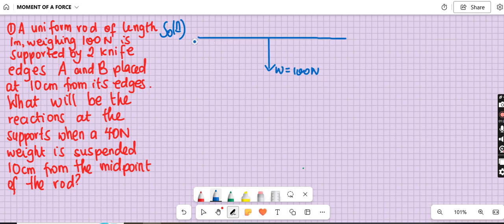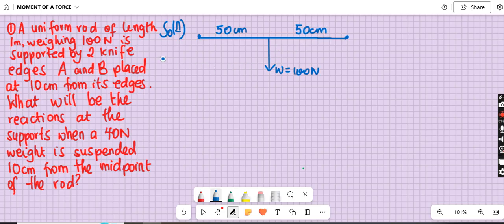Now, if the rod is 1 meter, then from the center to one end is going to be 1 meter, that's 100 centimeters, divided by 2. So that will be 50 centimeters and then 50 centimeters.